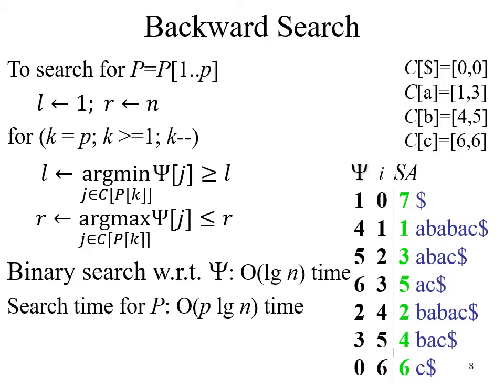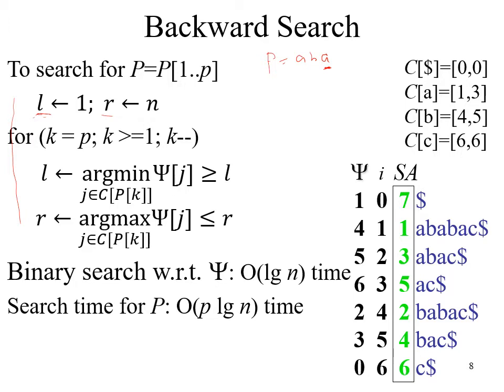Then we use this backward search. To search for a pattern P, we do this algorithm. If P is ABA, then LR is the range of the suffix array corresponding to a pattern. Precisely, we first search the last character.